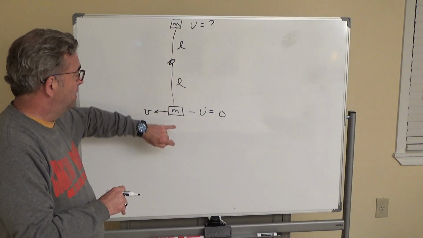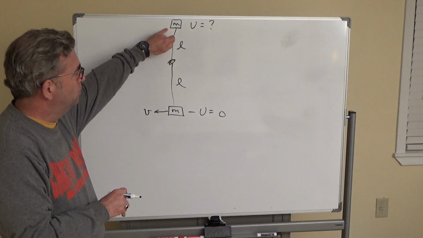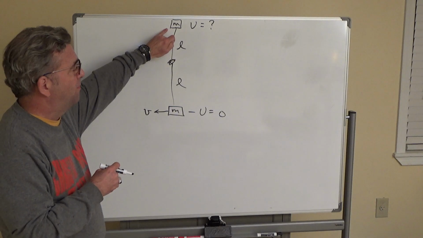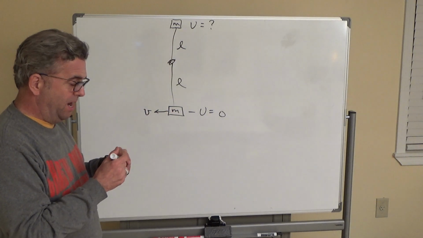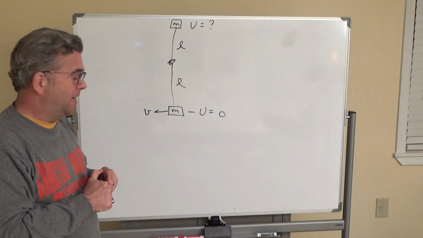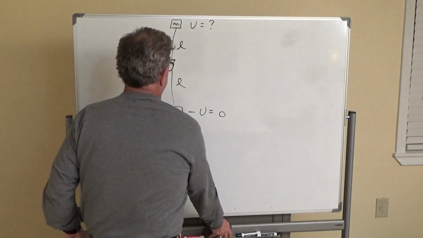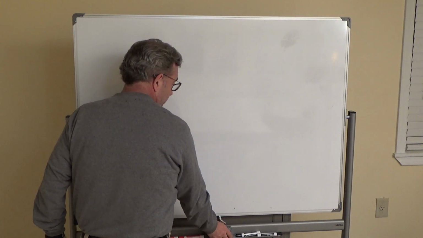Okay, so how much initial kinetic energy do you need to obtain this final potential energy? It's another delta U is equal to delta KE problem. I don't think you'll have any trouble with that. Number 3.